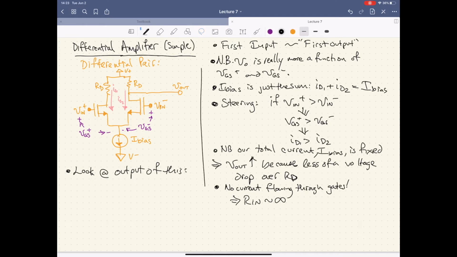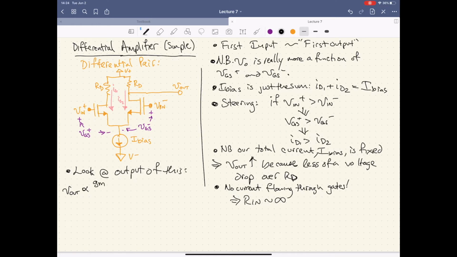So let's look at our output, V out. And I'm not going to make it equal to. These equations can kind of get complicated. We're not even doing the full op amp, right? This is just a model of our op amp, and there are going to be some pieces missing anyway. So we'll just kind of approximate here.